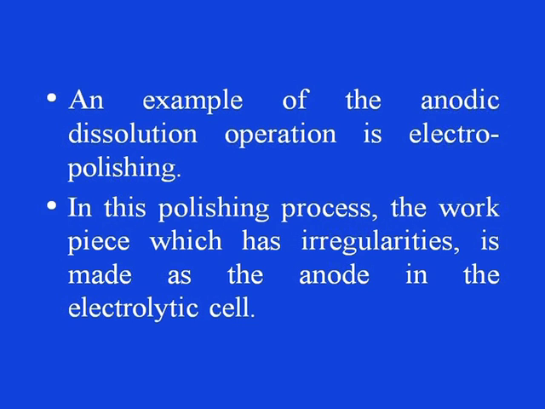An example of the anodic dissolution operation is electropolishing. In this polishing process, the workpiece which has irregularities is made the anode in the electrolytic cell.